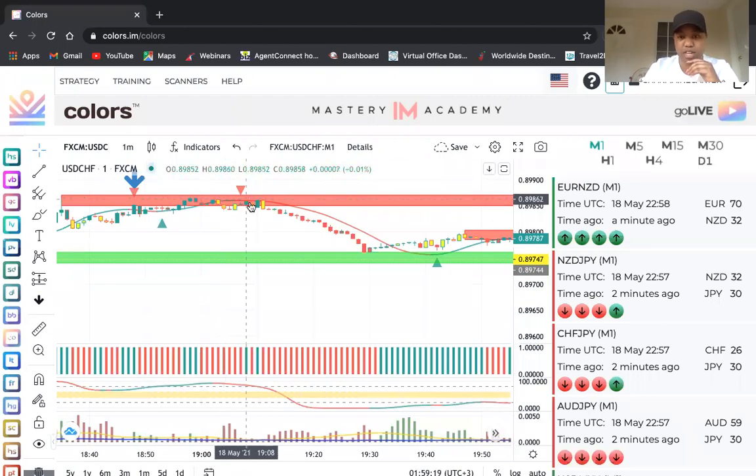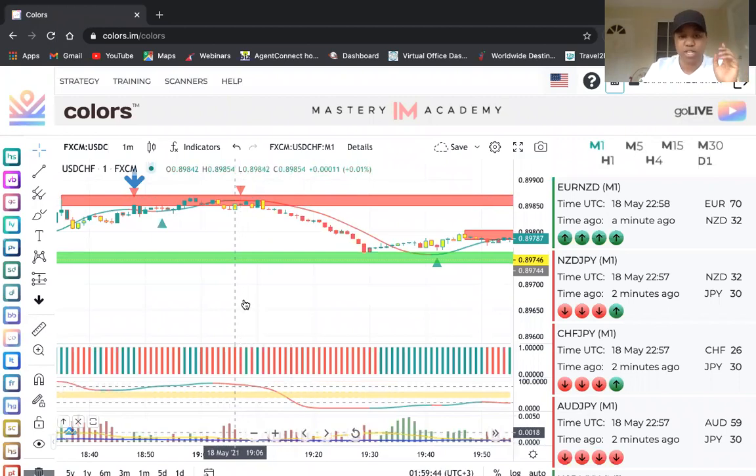Now you might not see it right now because it's in the box, but it changed from green to red. In the red box, we still have another triangle. We have the transition candles right here, right? We have red bars, we have red EMA down here, and we have red volume bars.